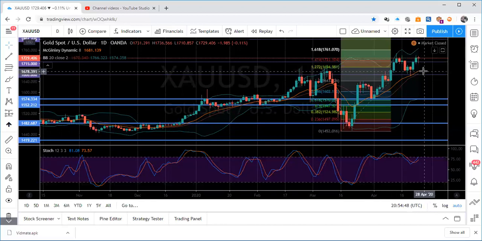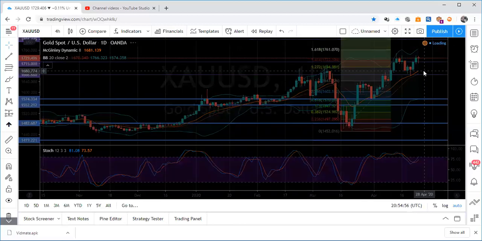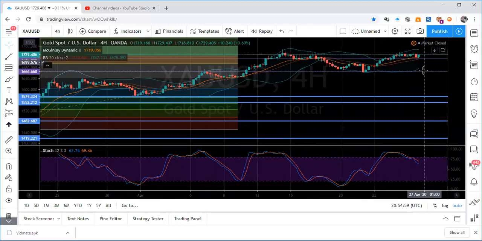But basically, I'm looking at price coming down to hit the 1681 area. How do we trade this? We look forward to taking a 10 pip sell stop.